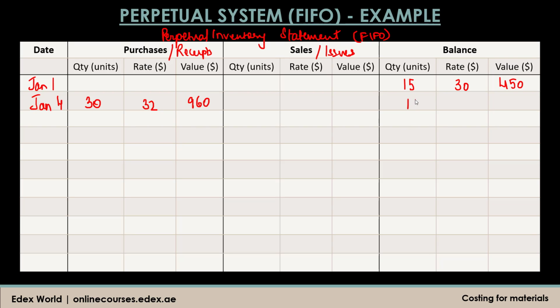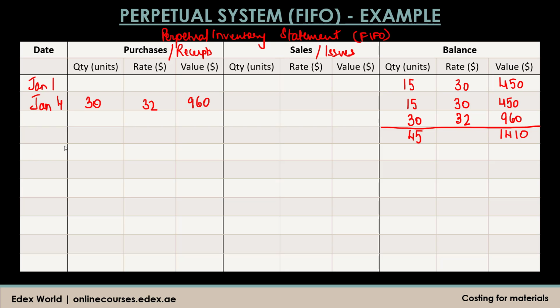So we had 15 units valued at $30, $450 from the opening. Now we have additional 30 units valued at $32, $960. We'll also take a total: 15 plus 30, 45 units, and the total value of inventory is $1410.